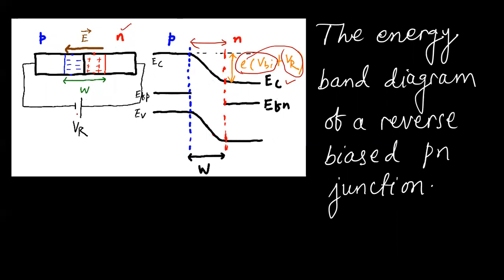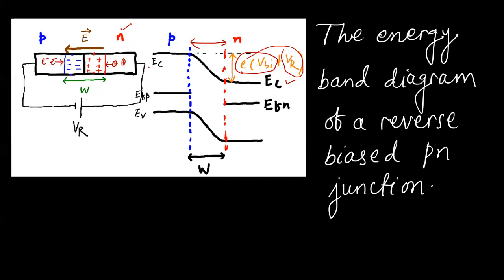Now when you give a reverse applied bias, there are some holes here in the n region, which are the minority charge carriers, and these minority charge carriers move in this direction. Similarly, there are minority electrons in the p region, and they will move further into this region.